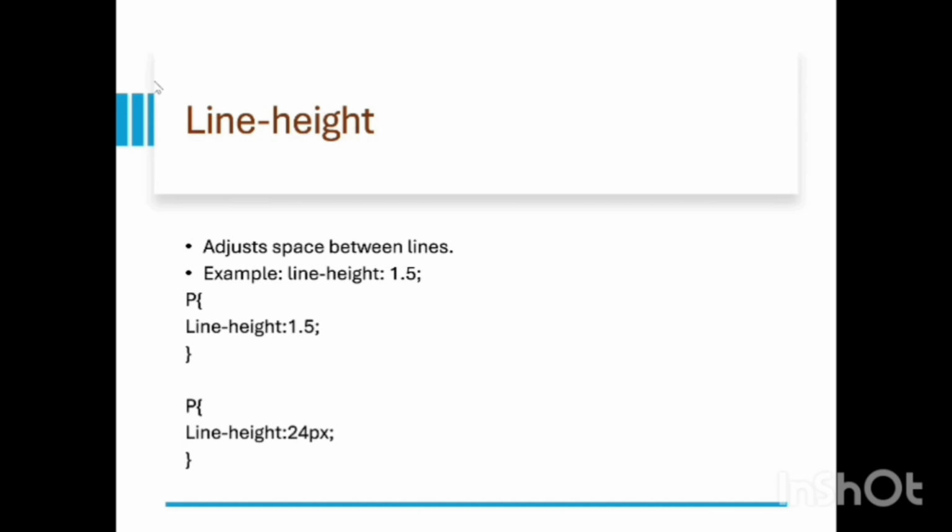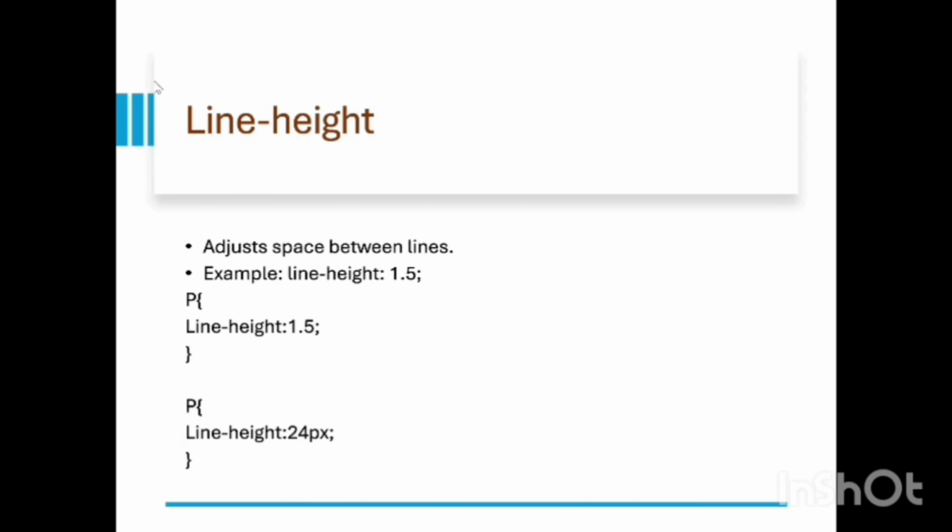Now let's see an example of a paragraph tag with a line height of 1.5. This means the space between lines will be 1.5 times the size of the font. So if your text is 16 pixels, the space between the lines will be about 24 pixels.